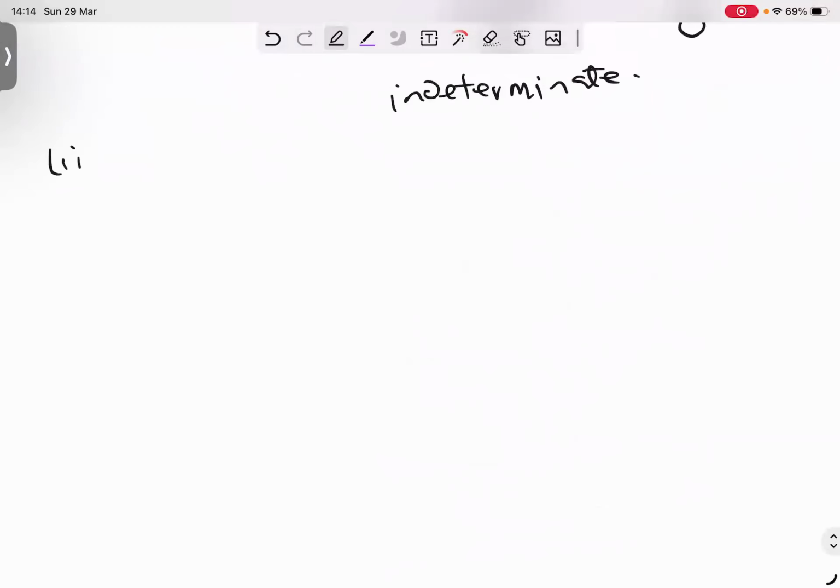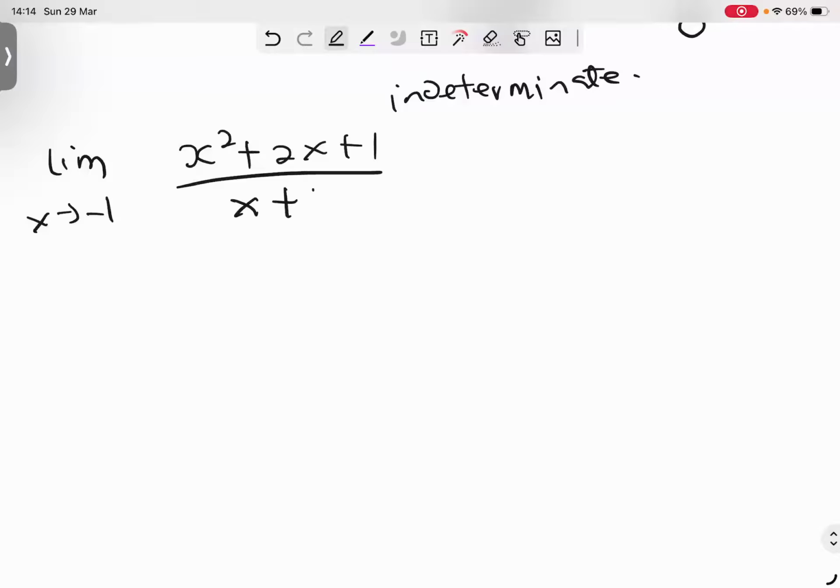So we go back to the function, the limit as x approaches -1 of x squared plus 2x plus 1, all divided by x plus 1. Since this gave us 0 over 0, we need to simplify the function.